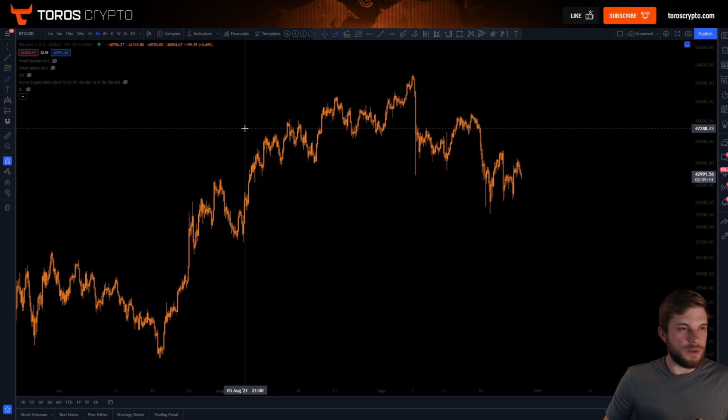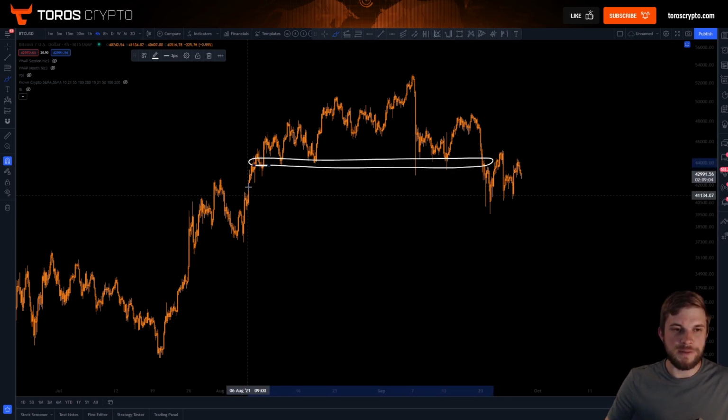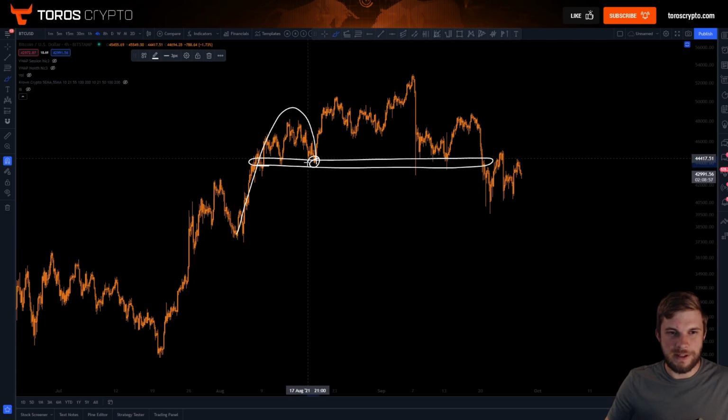Okay, so what we're looking at here, you can see first of all a very clear line or area of support that is formed within this region. What does price do as it's coming up into it? It seems to form this shoulder that comes in to this support area, has this move up.